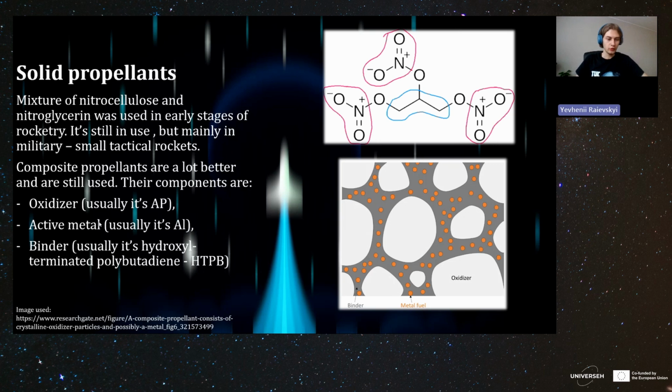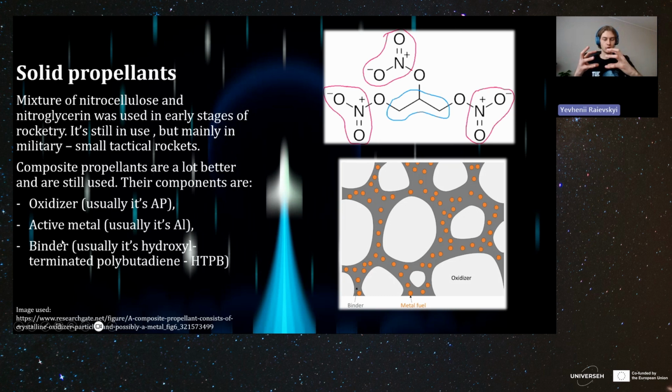And as an active metal, usually aluminium is used because it has high energy density. It's a cheap solution for this, and is responsible for approximately 10 to 15% of the overall thrust from the rocket. So basically, from cheap aluminium, you can significantly increase the thrust of rocket engines.